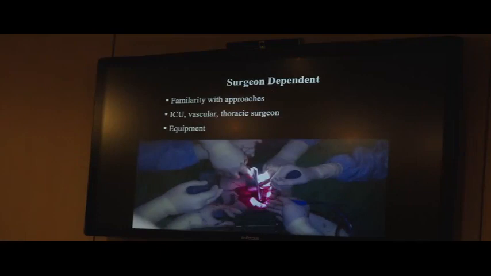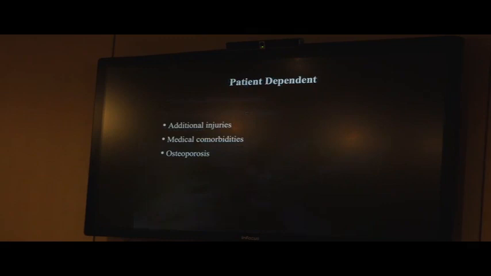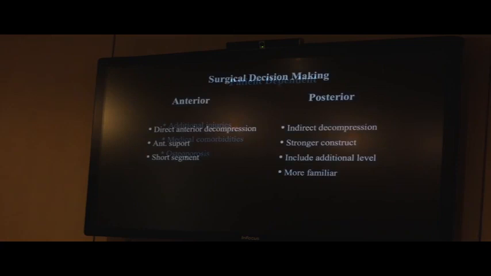This was a thoracolumbar junction fracture here. A pulmonary chest doctor was there, and a general surgeon was there. So if you have the team, you can do combined surgeries like that. And patient-dependent factors are additional injuries, medical comorbidities, and osteoporosis.